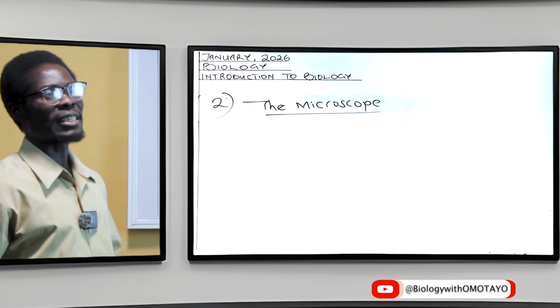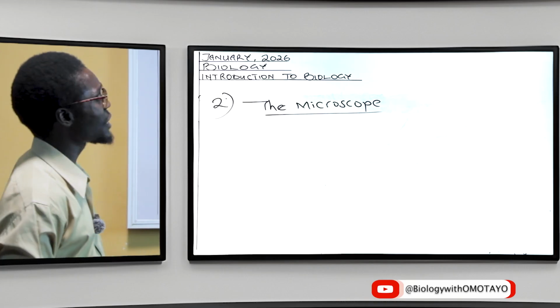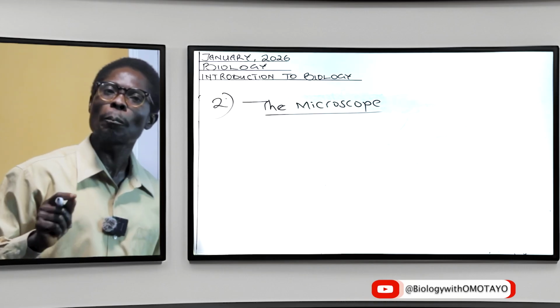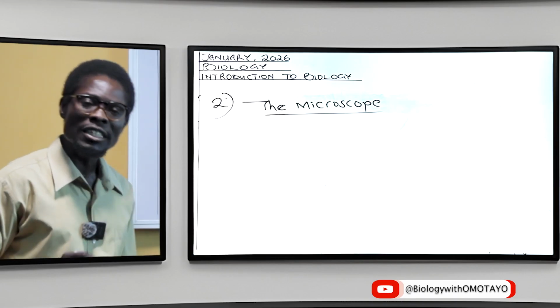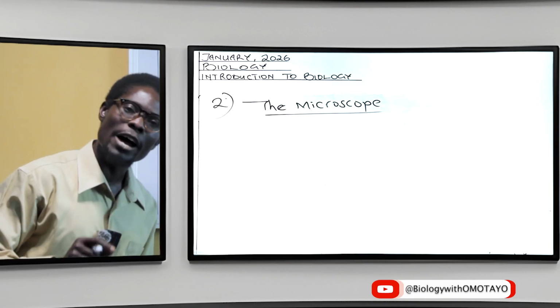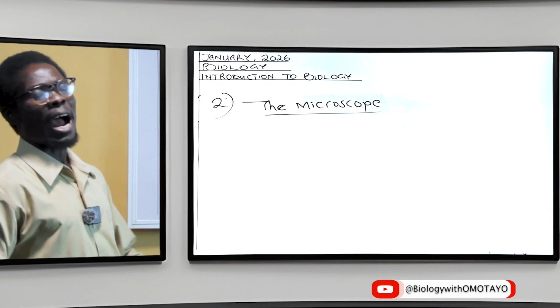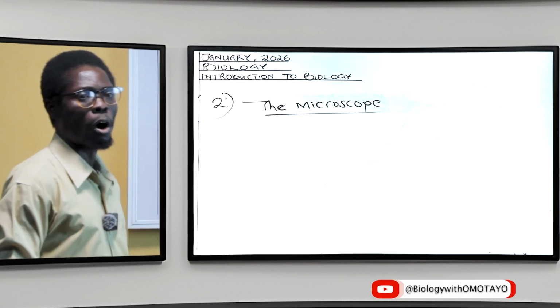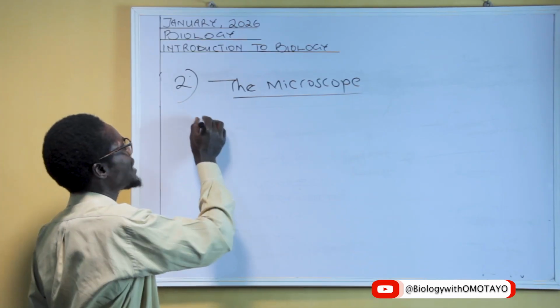It is an instrument that helps us to view more clearly organisms that are smaller than 0.001 millimeters. And basically, the microscope is made up of a couple of components.